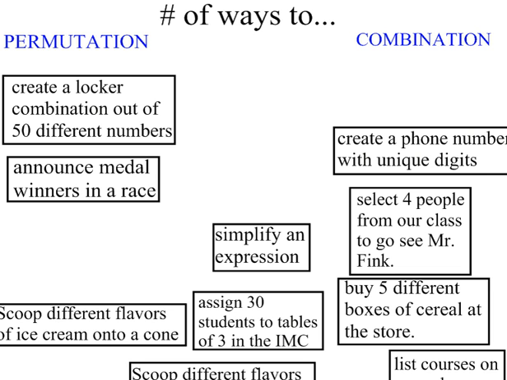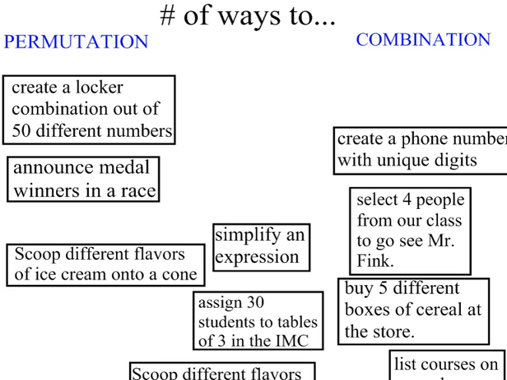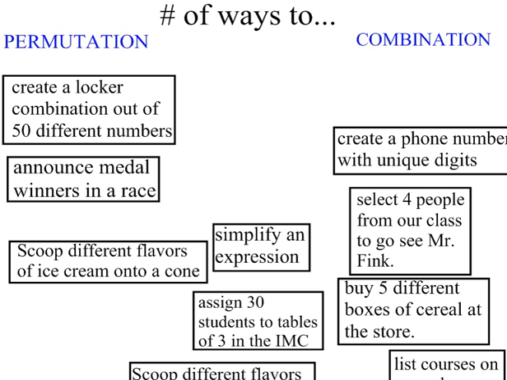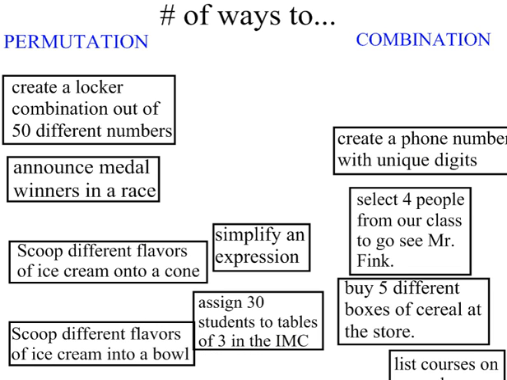Scoop different flavors of ice cream into a cone. Now, on this one, this is kind of not really a very order specific situation. But the reality is if you're putting them on the cone, you're stacking them on top of each other.